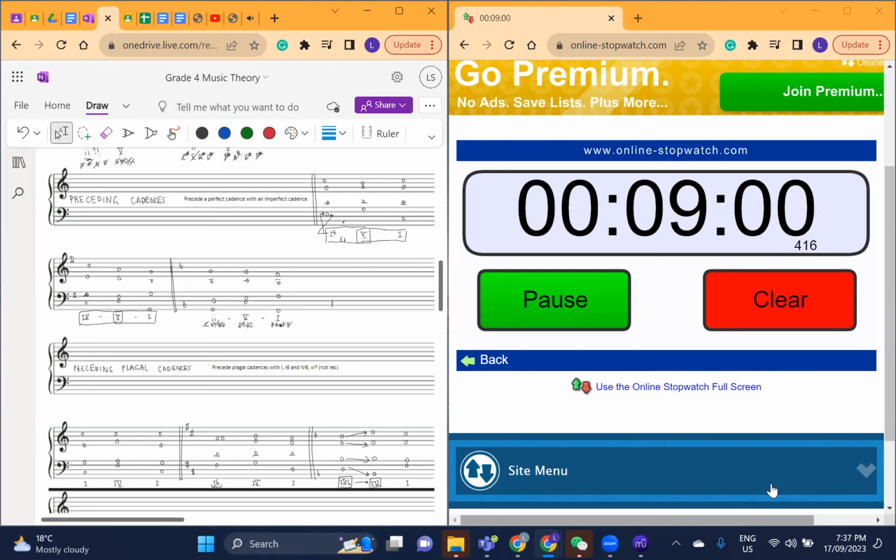I have a question. For the second one, can the plagal first one be the same as the first one? Yeah. No, that's for five. Haha, sucker.